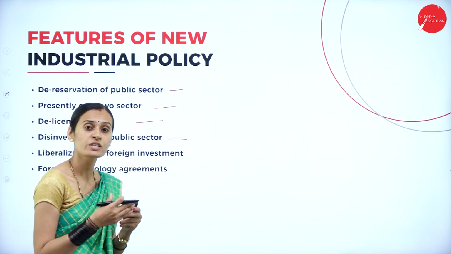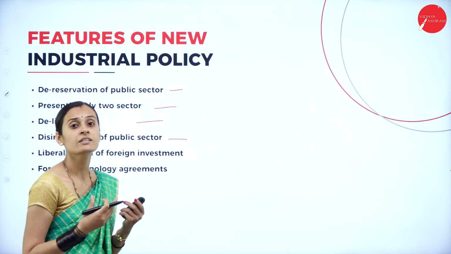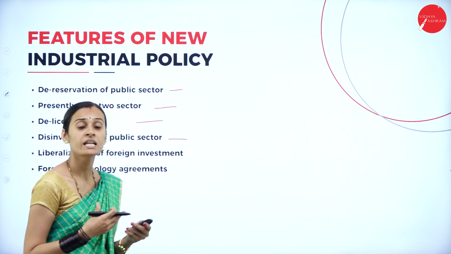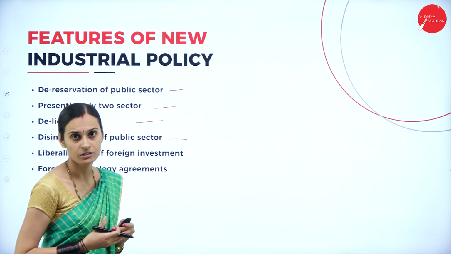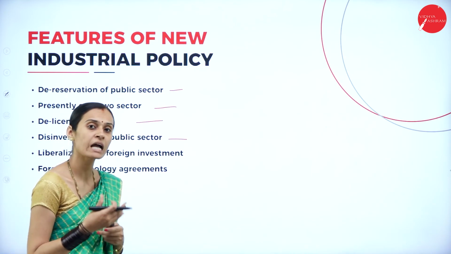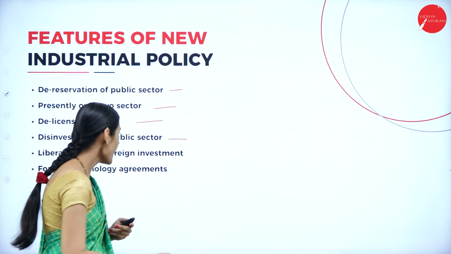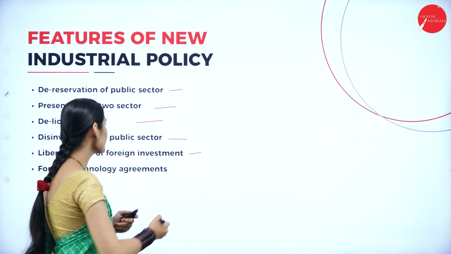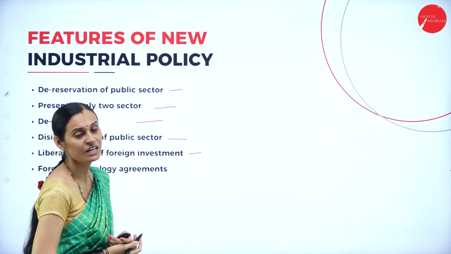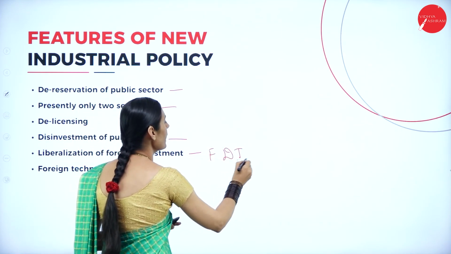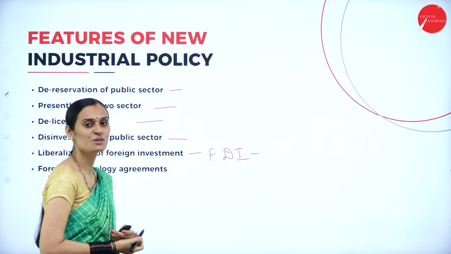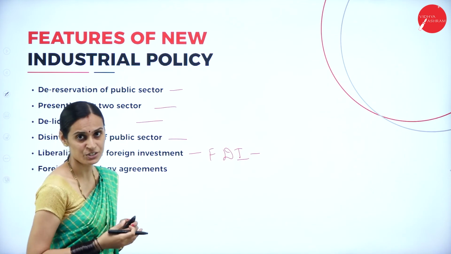Strategic sale of shareholding and disinvestment help private sector participation in industrial sectors, which creates more capital accumulation. And next one, liberalization of foreign investment, FDI, foreign direct investment. It helps accumulate funds from other countries.